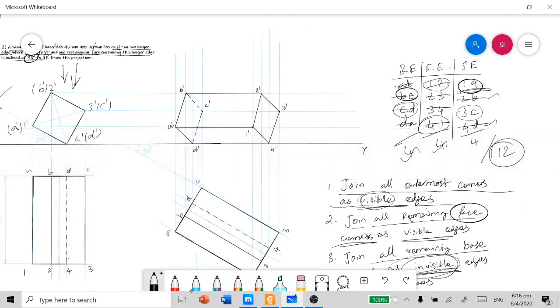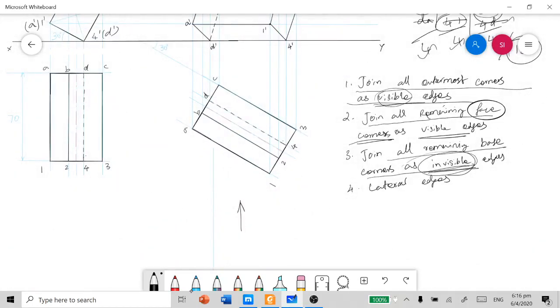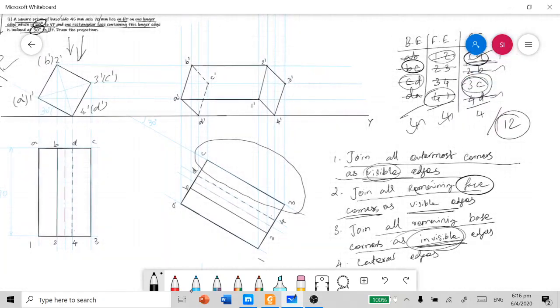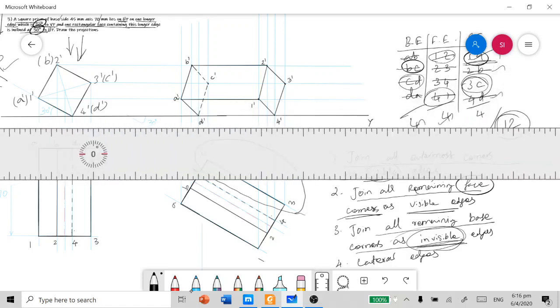And about the edge 3C, when you view the edge 3C from the front, that edge is just behind the solid, so it's totally invisible to our eyes. So the edge 3C will look like an invisible edge when we view it from the front. So we need to connect the edge 3C with the dashed line format.